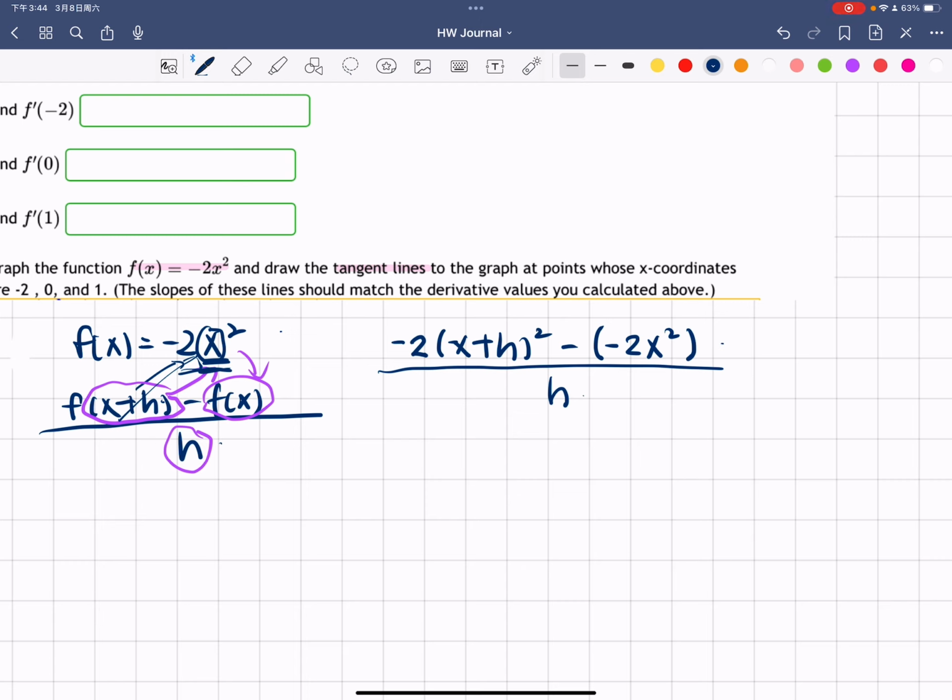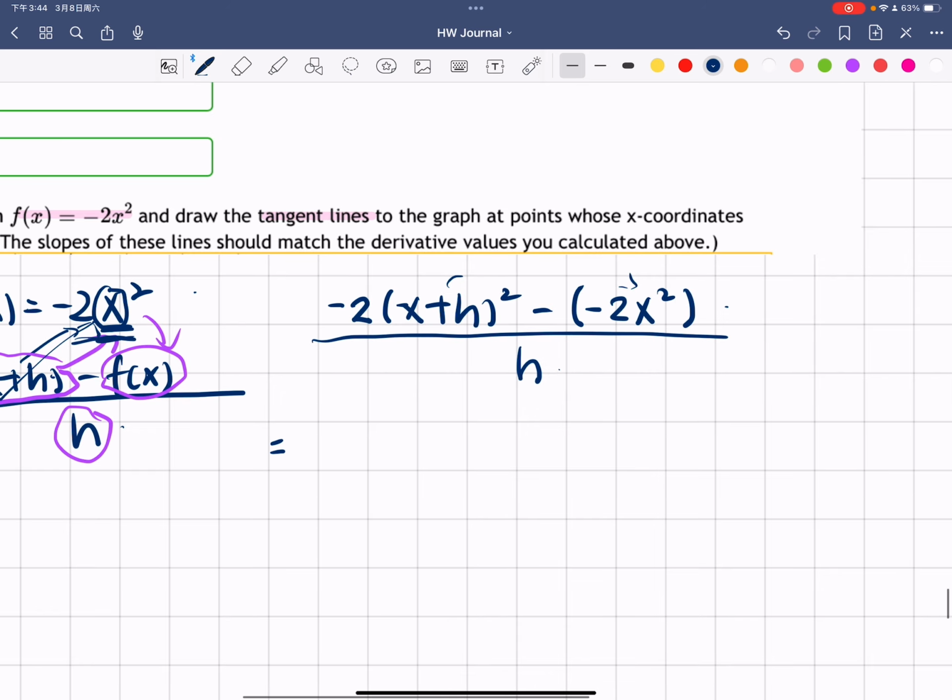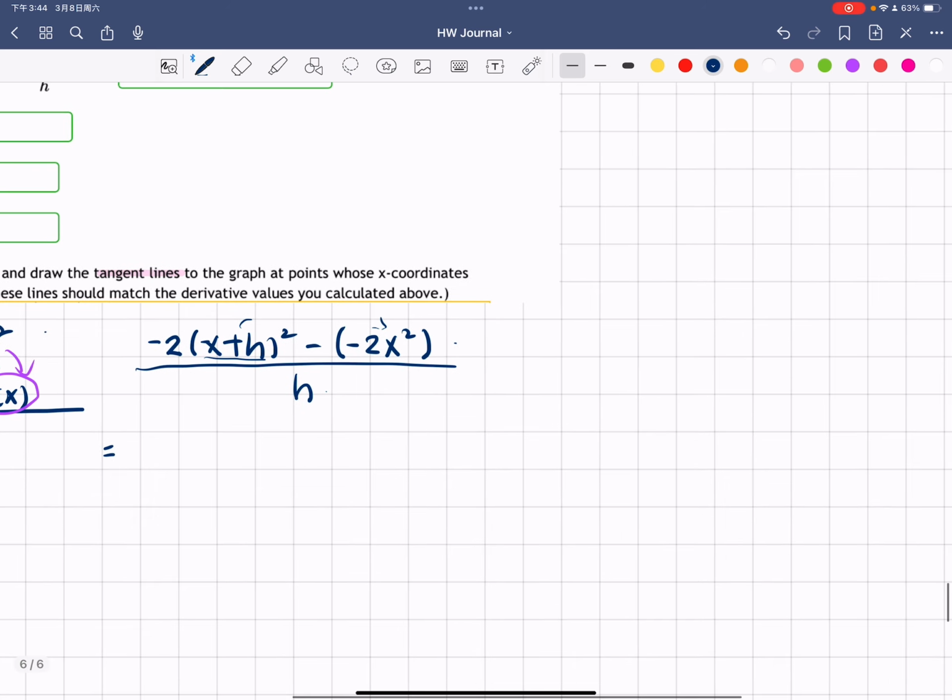Next, we're going to be solving and simplifying the terms. First, as we know, following the factorization rule, (a plus b) squared is simplified as a squared plus 2ab plus b squared. So this is what we are going to be doing.